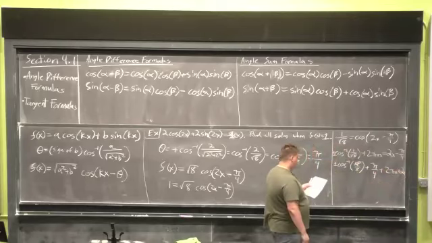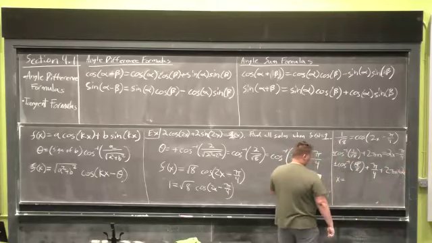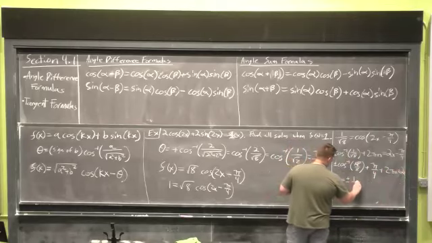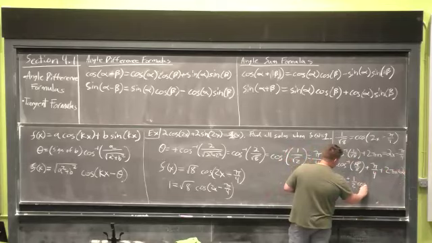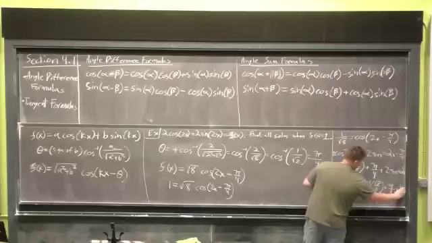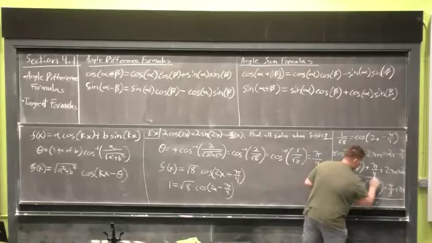Divide by 2, and we're going to say that x is equal to plus or minus 1/2 cosine inverse of square root 8/8 plus pi/8 plus pi n. And this is my answer.